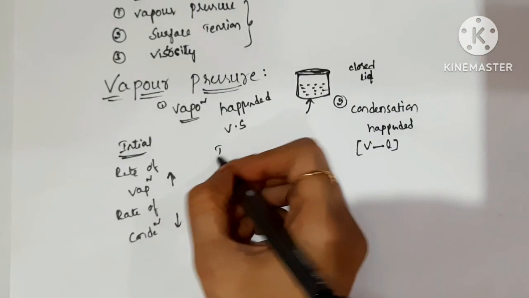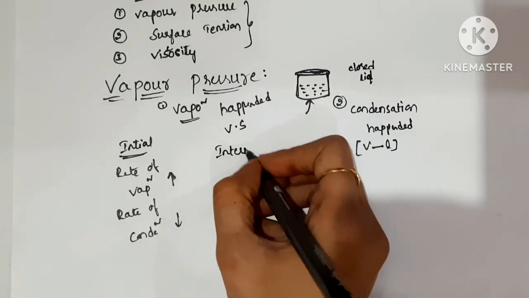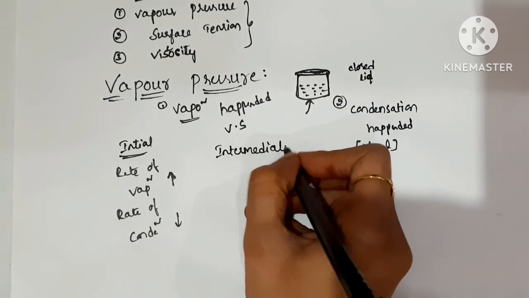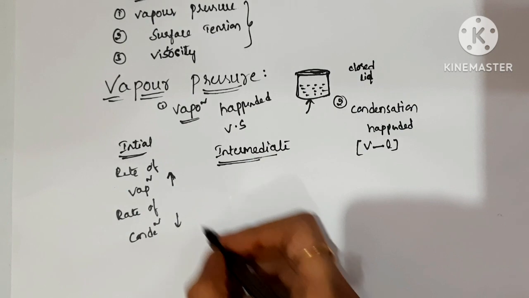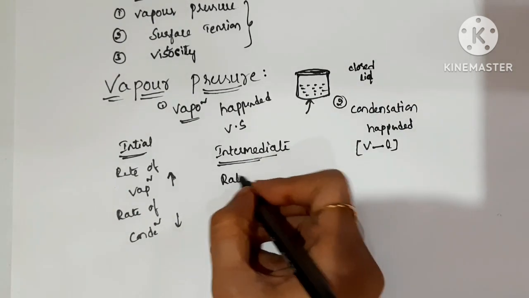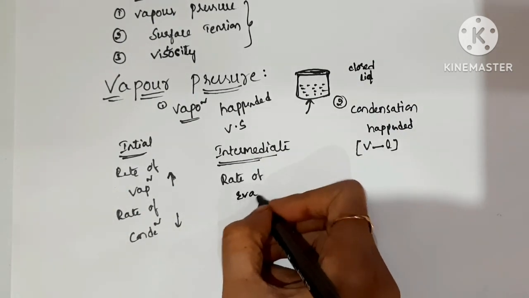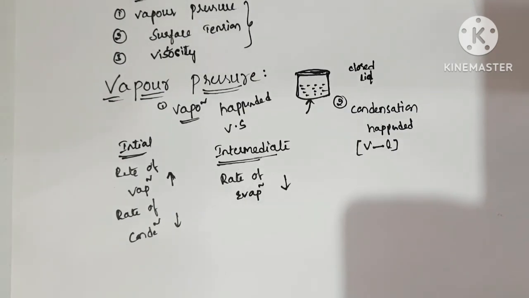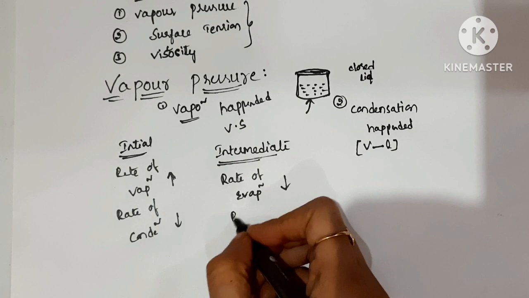But at an intermediate state, the rate of evaporation is very low, and the rate of condensation is high.